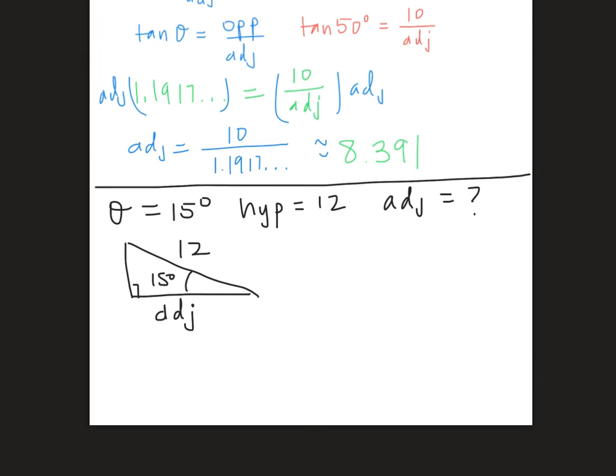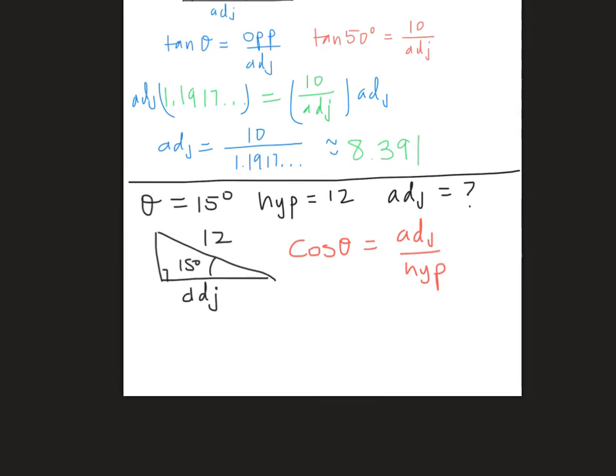Well, that's going to be the cosine. We know that cosine of theta is equal to adjacent over hypotenuse. So plugging those things in that we know, we're going to take cosine of 15 degrees equal to that thing we don't know, the adjacent side, over what we do know, the hypotenuse.